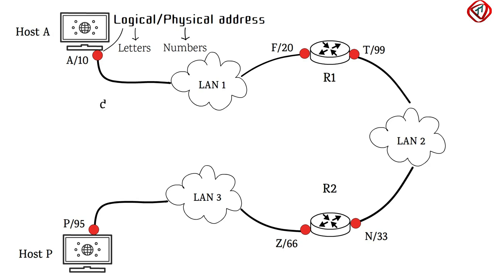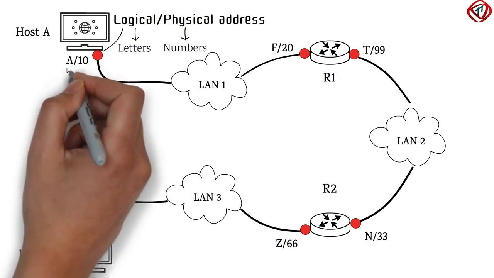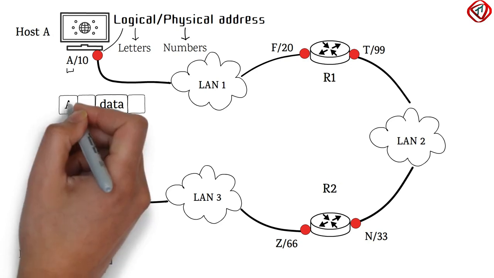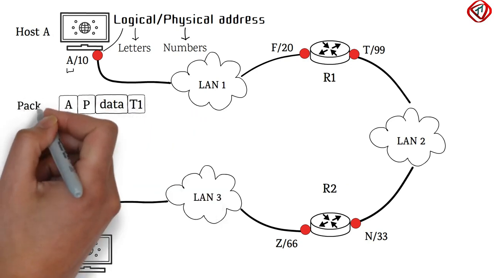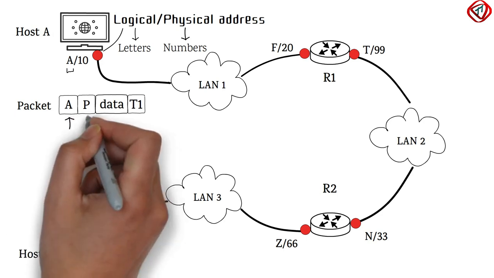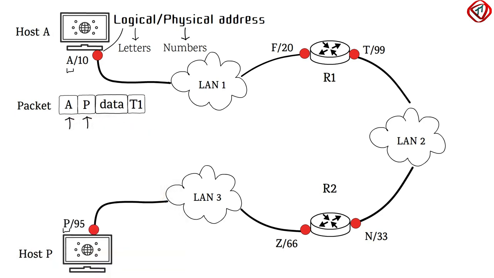Now, host A needs to send data to host P. Here, data will move from one network to another, so senders and receivers' logical addresses A and P are encapsulated with the data to form a packet in the network layer. Note that the logical source address is written before the logical destination address.